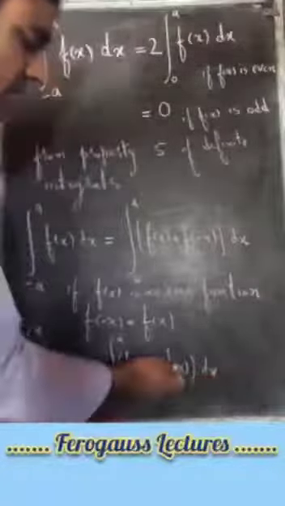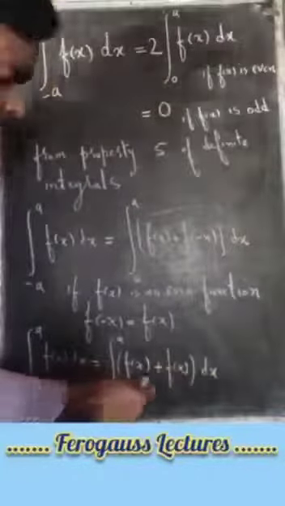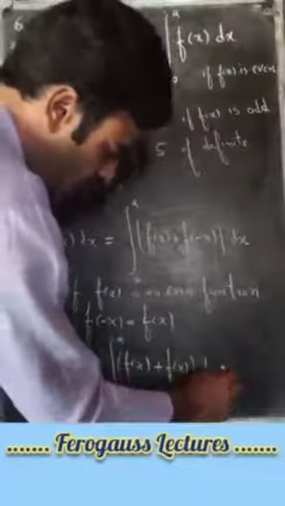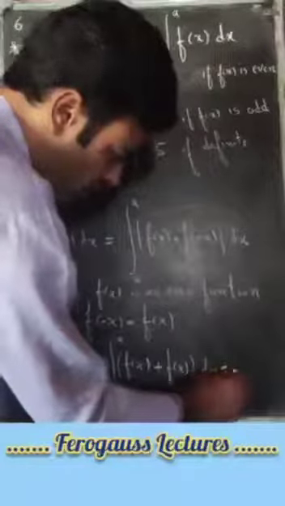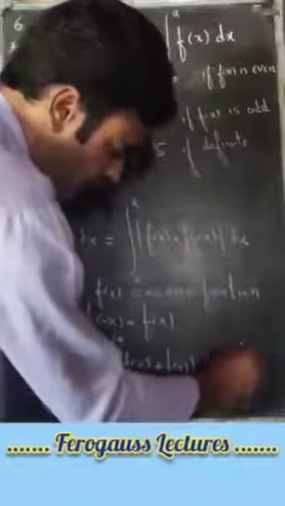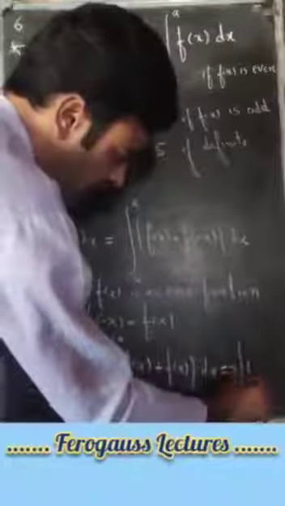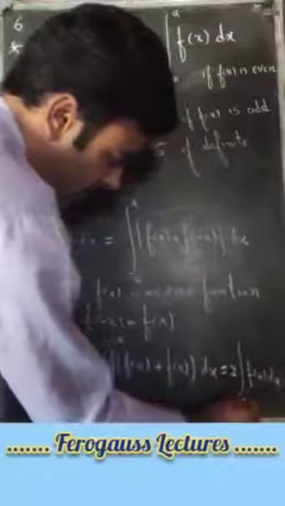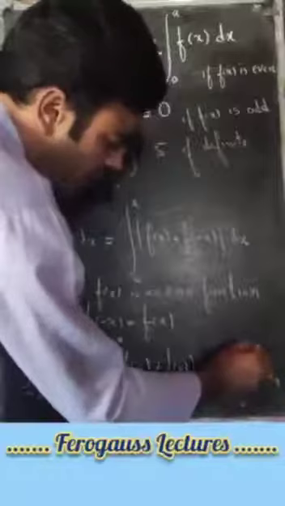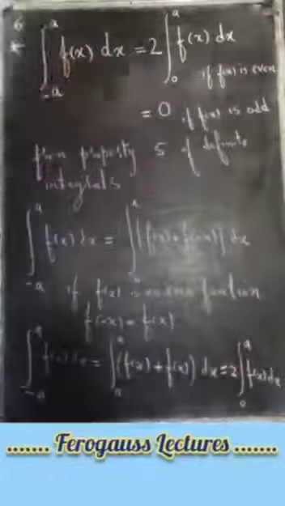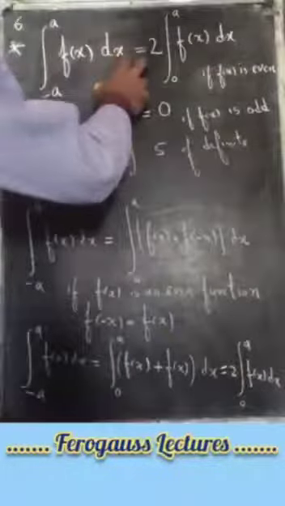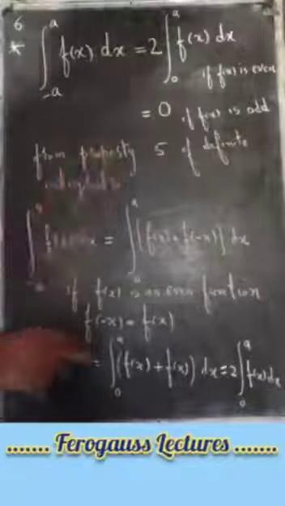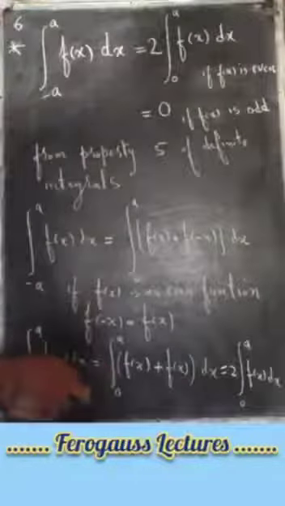Now f of x plus f of x is 2 times f of x, so thus we can write it is equal to twice the integral of f of x dx with limits from 0 to a. Okay, now this proves the first part, that is when f(x) is an even function.